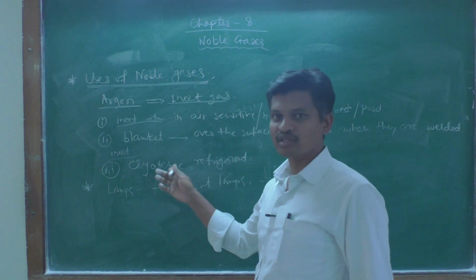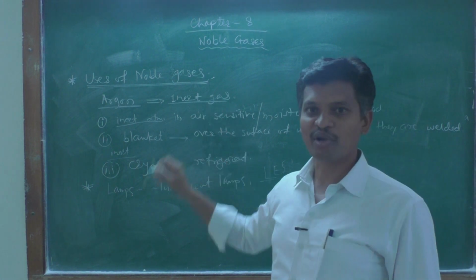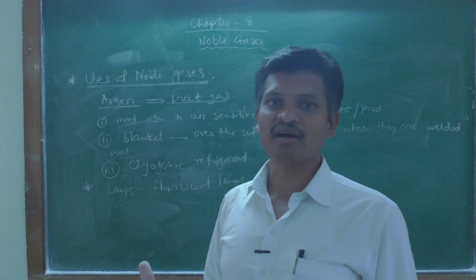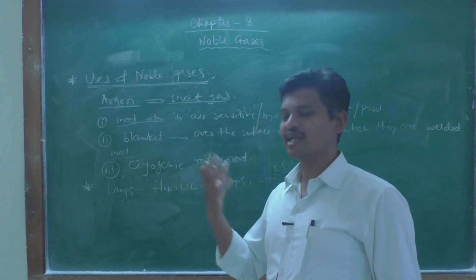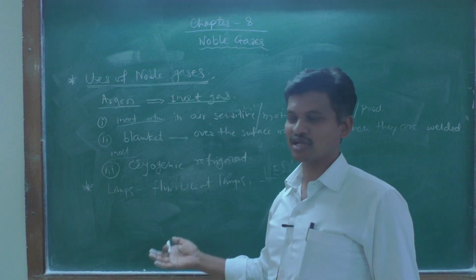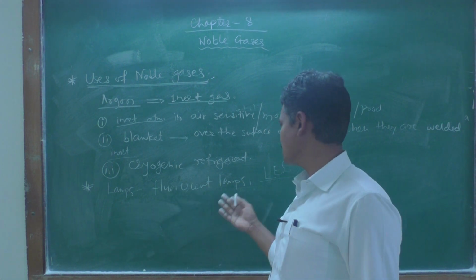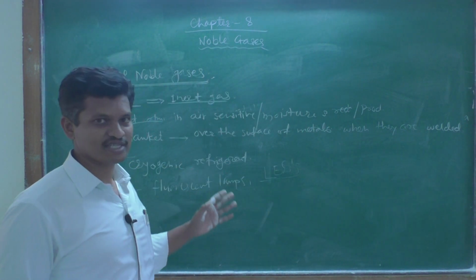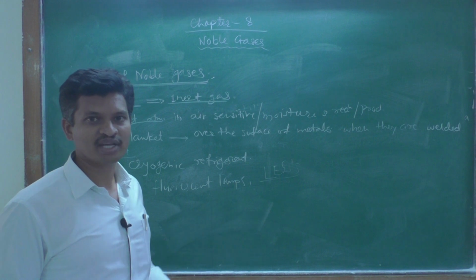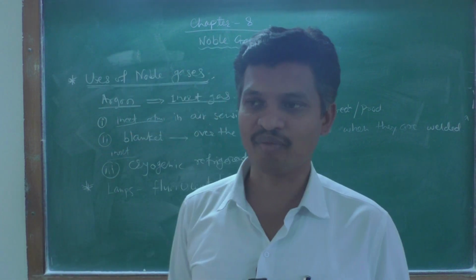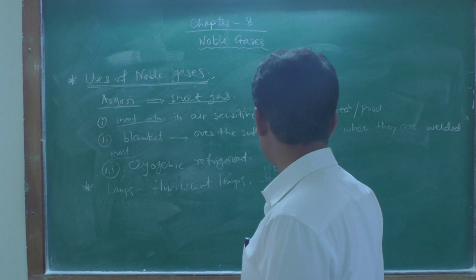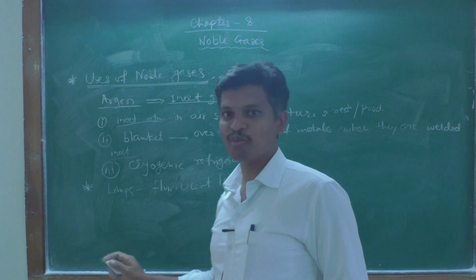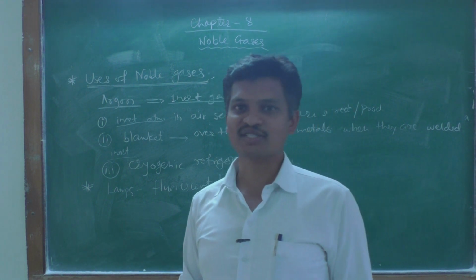Due to their inert property, these gases are filled in the inner atmosphere of these lamps, and hence fluorescent lamps or LED lamps can be made with the help of these noble gases or inert gases such as argon. Some lasers can also be prepared with the help of these inert gases or noble gases.